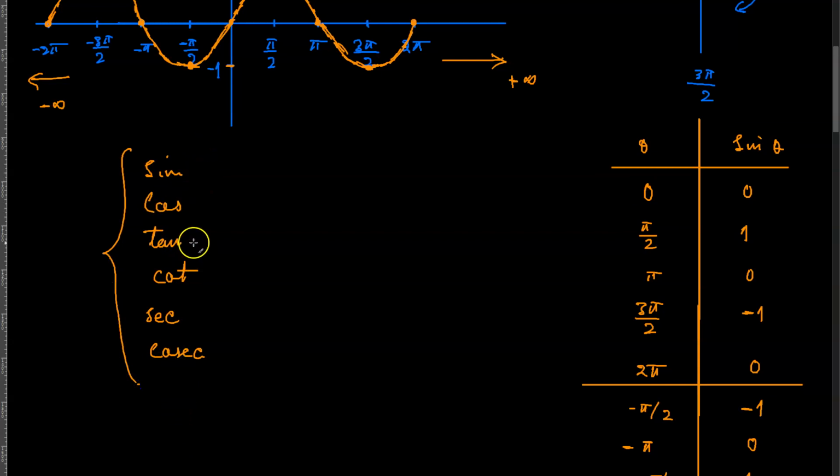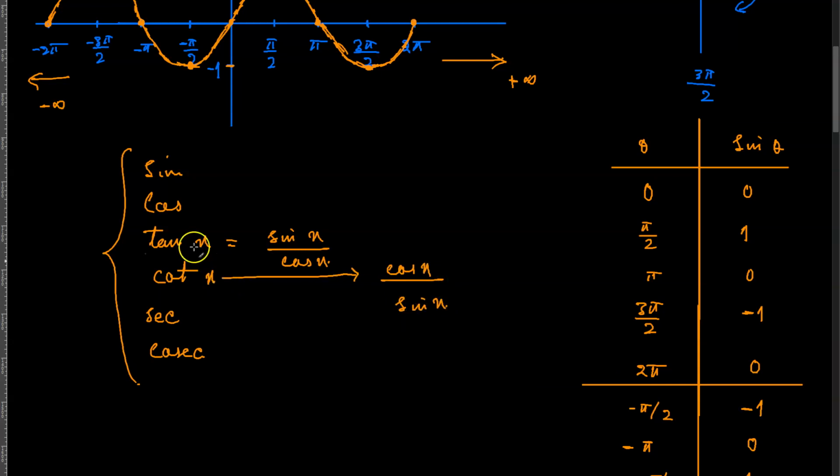Now, tan of x is the same thing as sine x by cos x. It doesn't have any sort of identity of itself. It's dependent upon two other trigonometric ratios, namely sine and cos. And then you have the cot, which is again the same story: it is the reciprocal of tan, so you can write it as cos of x over the sine of x.